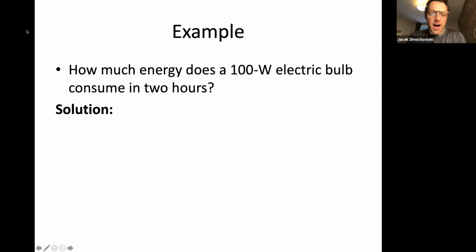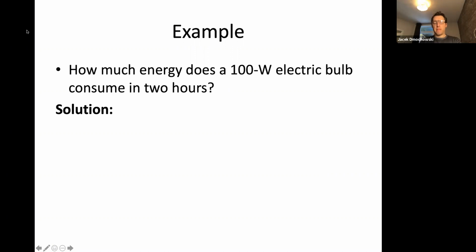Okay, so I like this one. How much energy does a 100-watt electric bulb consume in 2 hours? So here we have to recall our definition of power. Remember, power is energy divided by time.